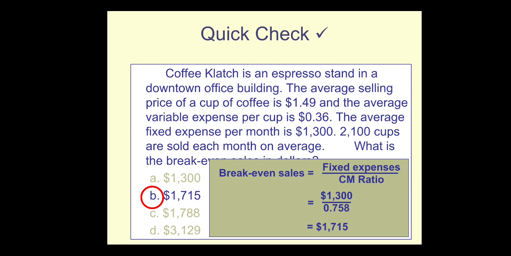So the calculation here, see the bottom of the gray box, the break-even in terms of dollar equals $1,715. It shows that the business has to make $1,715 of sales to achieve break-even point. So the answer is B.